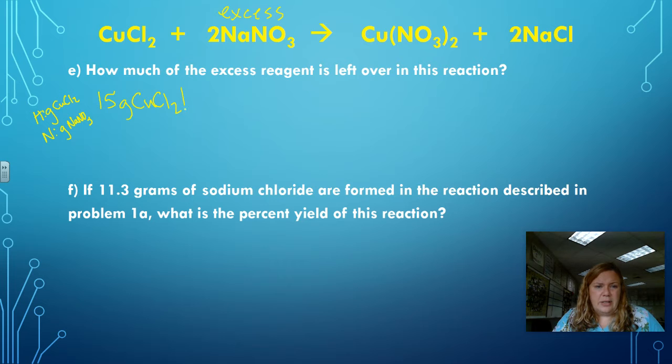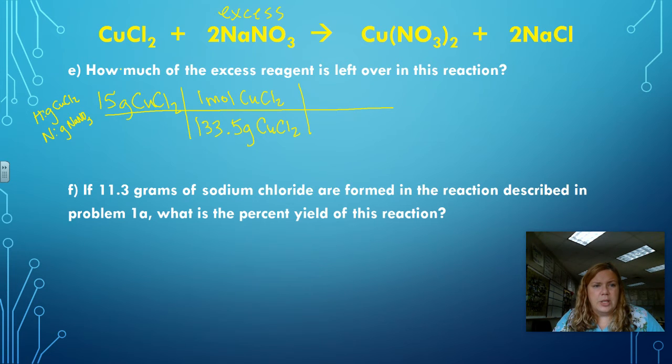So what we have here is 15 grams. And again, we're going to do what we've been doing. 135 grams of copper 2 chloride for every 1 mole of copper 2 chloride. We're going to do our mole ratio. So we look at above, we have 1 mole of copper 2 chloride for every 2 moles of NaNO3.